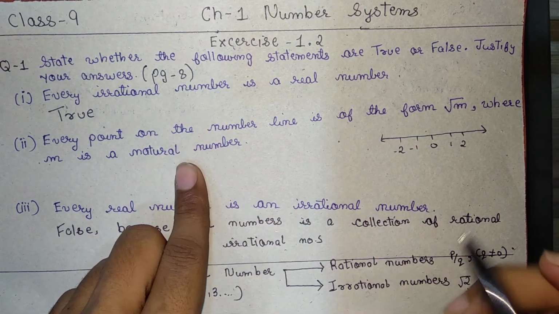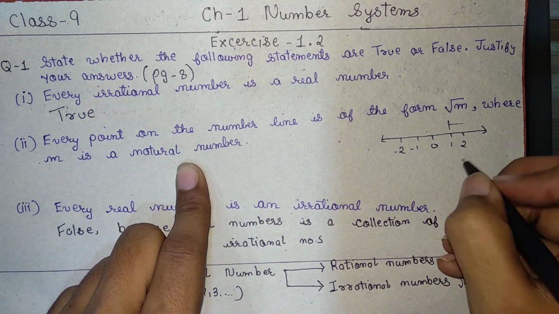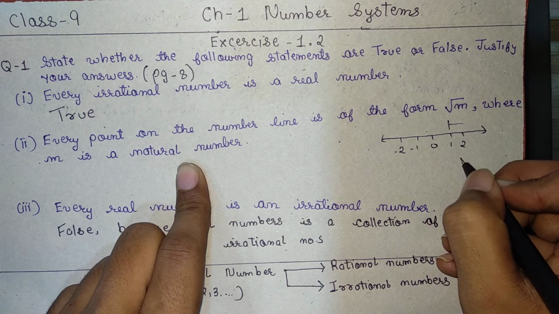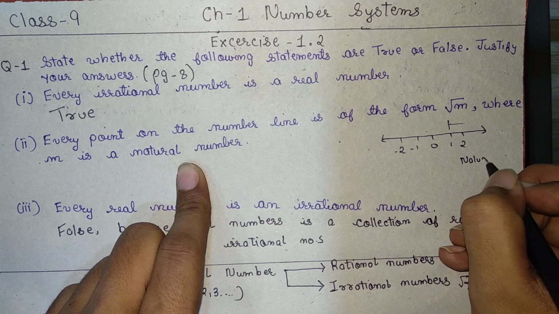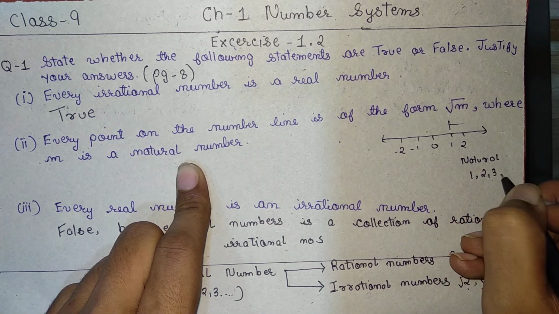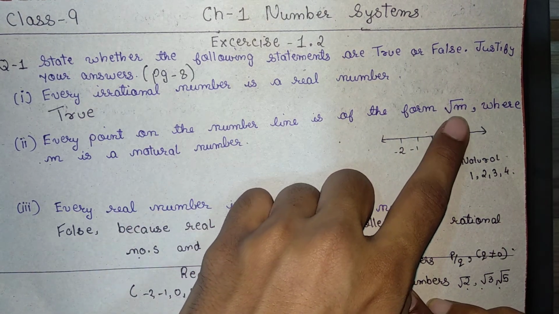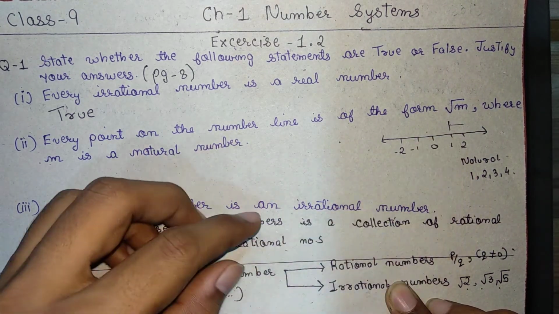Now what is a natural number? Natural numbers start with 1, 2, 3 and 4. So m is a natural number only.